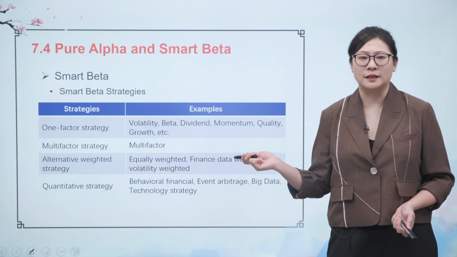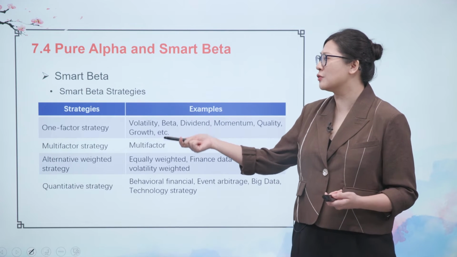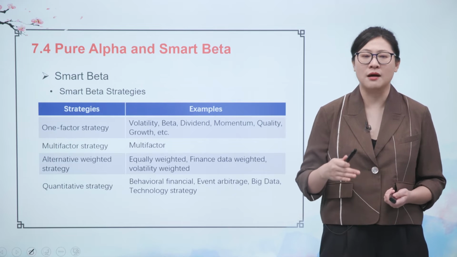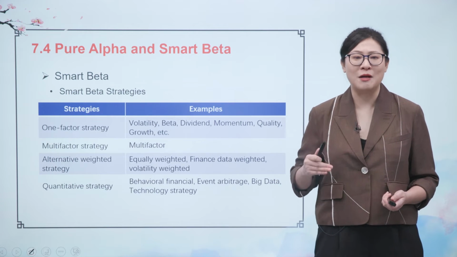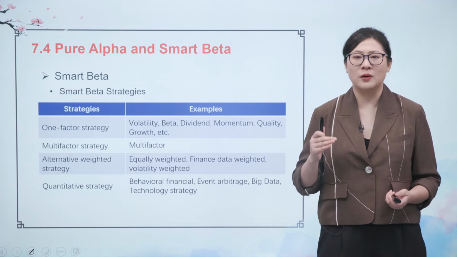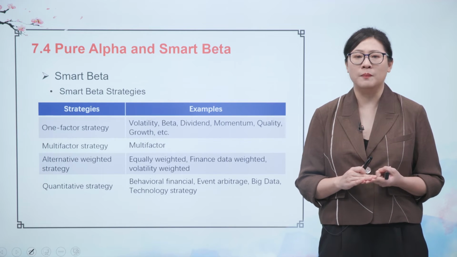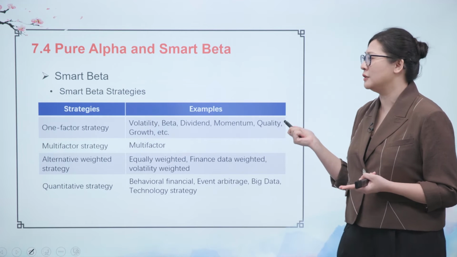Now let's have a look at the smart beta strategy. There are 4 different categories, and the first one is called the one-factor strategy. Based on this, we can decide the weight or the stock selection based on only one factor.